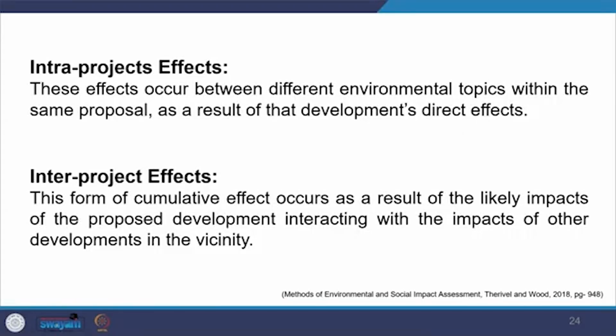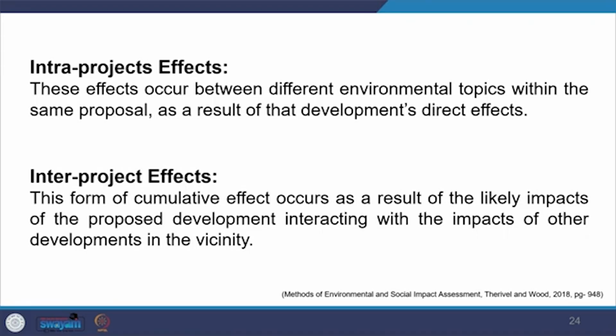Further, you will come across some more terms. You see it by IEMA. It gives one term which is intra-project effects. These are effects which occur between different environmental topics within the same proposal. So within that same project itself, how different domains or effects interact. That is intra-project effects.